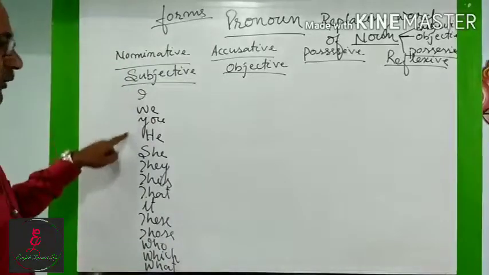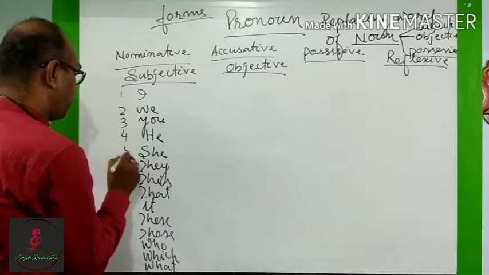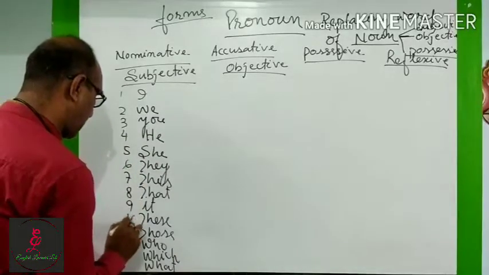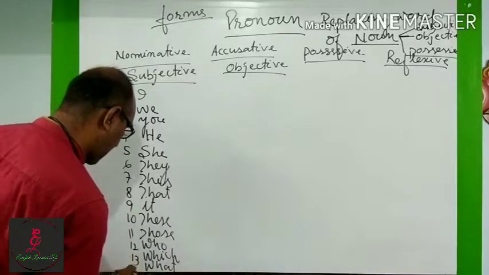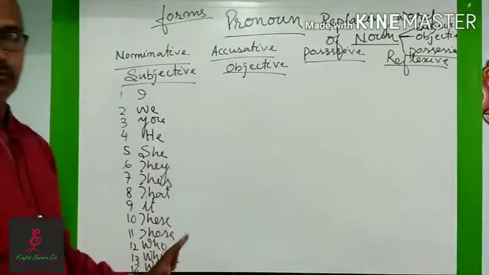So there are 14, like 1, 2, 3, 4, 5, 6, 7, 8, 9, 10, 11, 12, 13, and 14. There are 14 major pronouns.